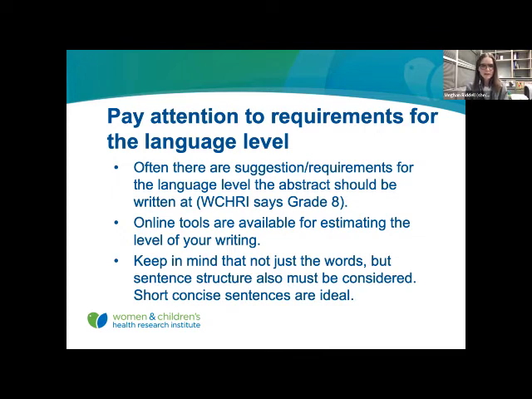And one of the things to keep in mind, and this is my constant personal failing, is that your sentence structure also greatly contributes to readability. So if you're a fan of very long, complex, compound sentences like me, you're ultimately not going to be readable. It's better to use small, short, concise sentences in order to have that level of readability.